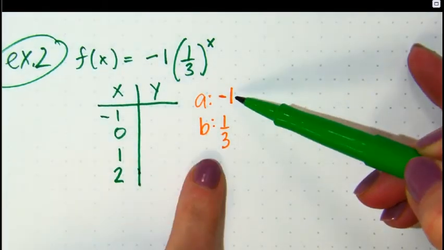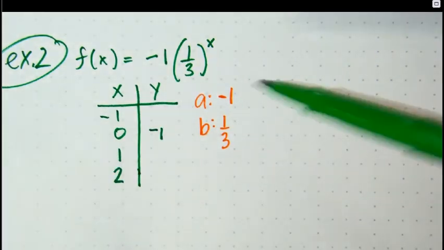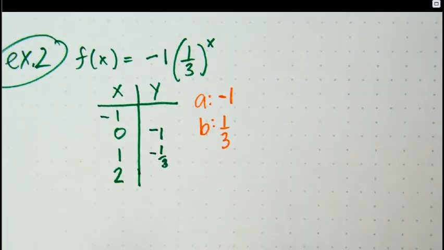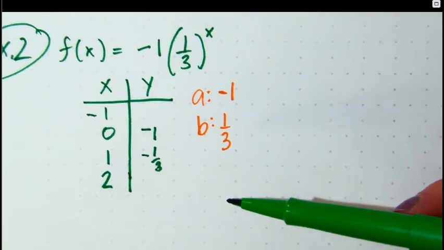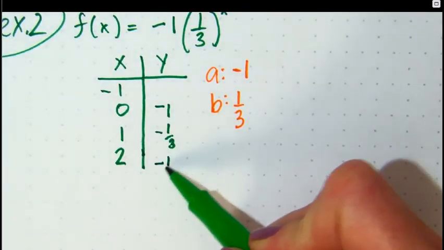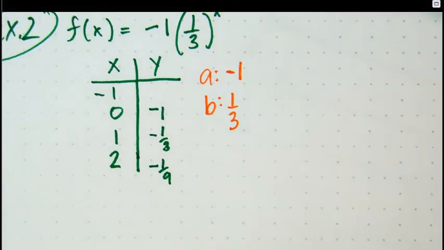So my a is -1, which is my y-intercept. My ratio is 1/3. So I'll just be multiplying by 1/3, right? That's -1/3, by the way. -1/9. This might be an area you might need to calculate.